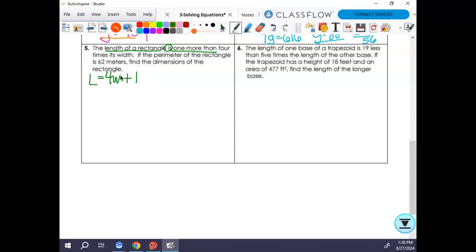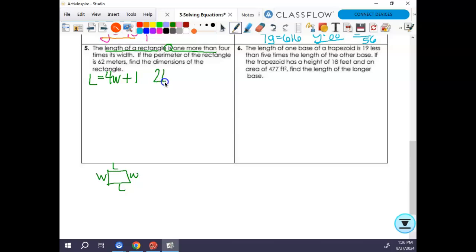All right, so there's a couple of different perimeter formulas that have been on your formula charts. One, I think you're probably more confident with than others. But if you're like, I don't even remember what that formula is, do you know what perimeter is? How do you find the perimeter of anything? Add up all the sides, right? So if you at least know that, then you go, all right, well, I know in a rectangle I have 2 lengths and 2 widths, and when I add them up, that gives you your formula.